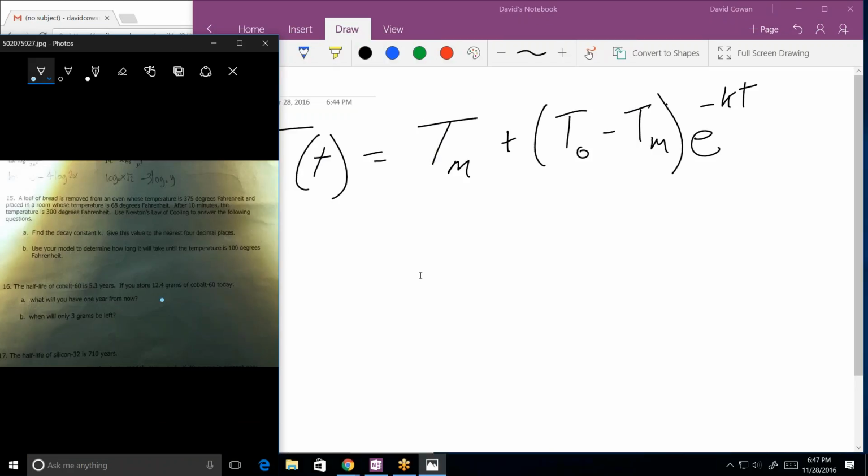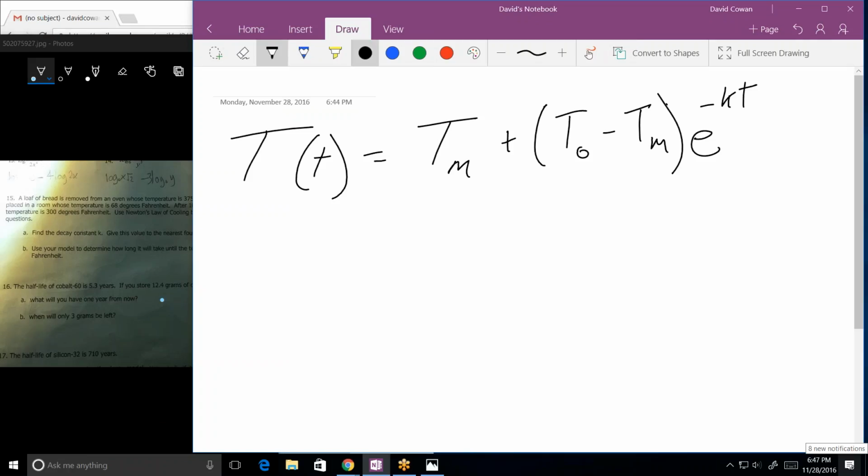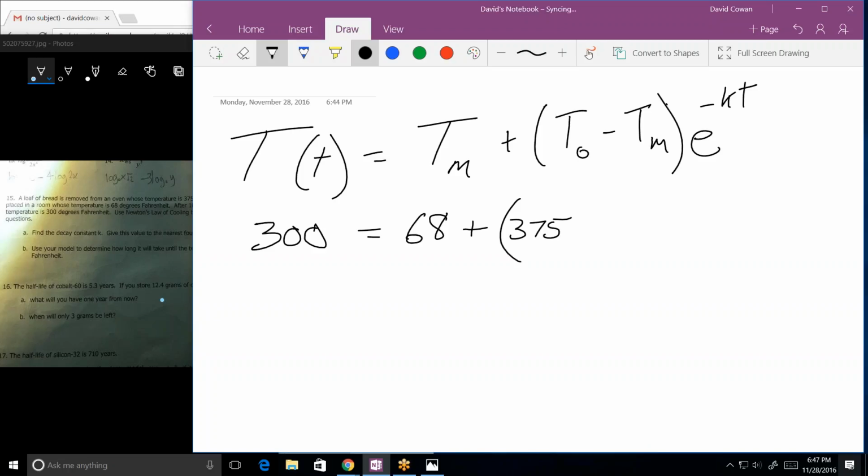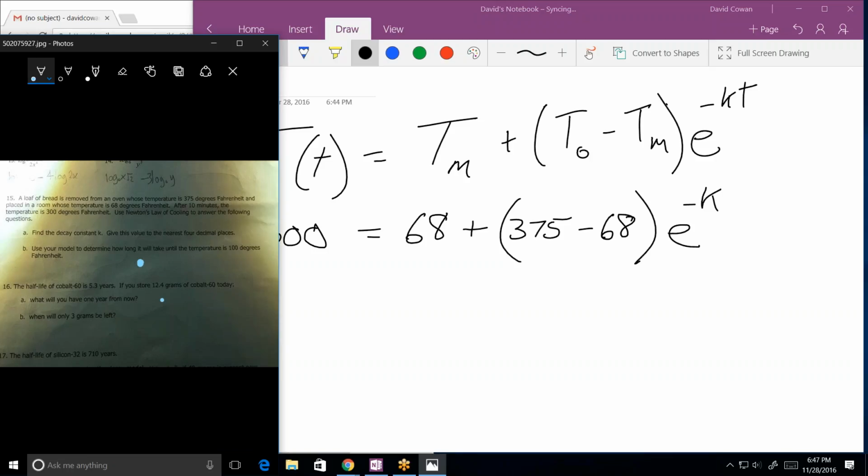In other words, we know that the final temperature, 300, equals the temperature of the medium, which is 68, plus the original temperature, which was 375 when it came out of the oven, minus 68, times e to the minus k, and t is 10 minutes.